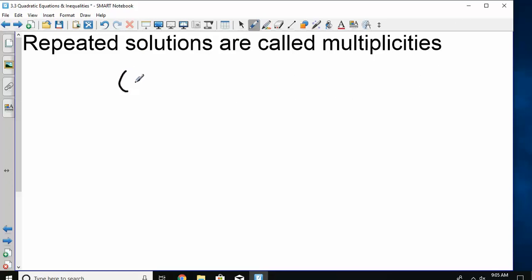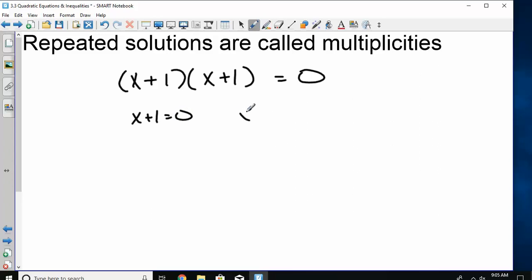So like if I got x plus 1 times x plus 1 equals 0. If you set each of those to 0, we get negative 1 twice, right?